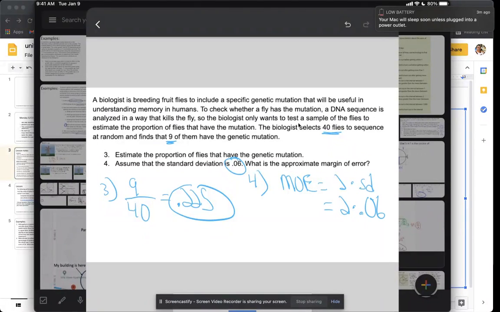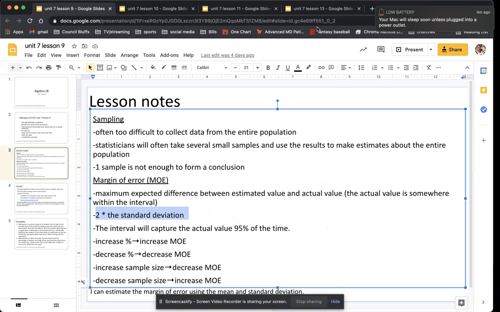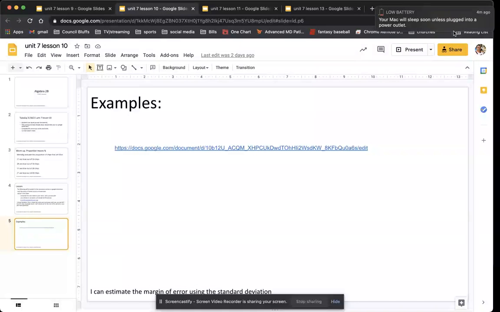That will give me the approximate margin of error, so that will be 0.12. So my margin of error is approximately 0.12. That is the last example. That is it for lesson 10.